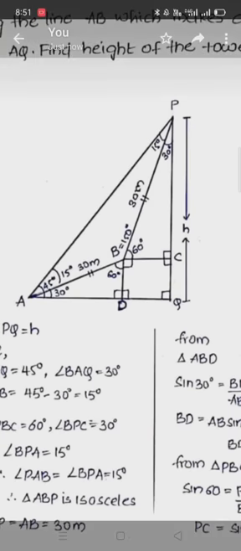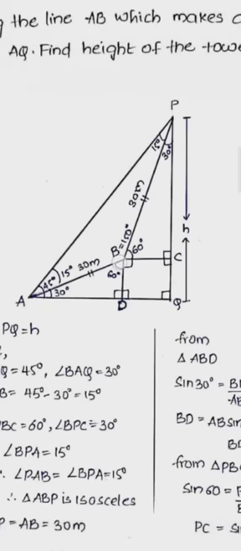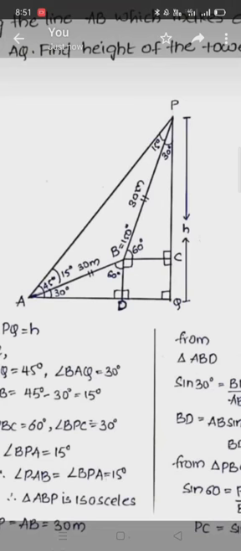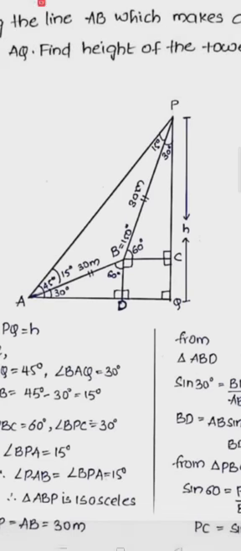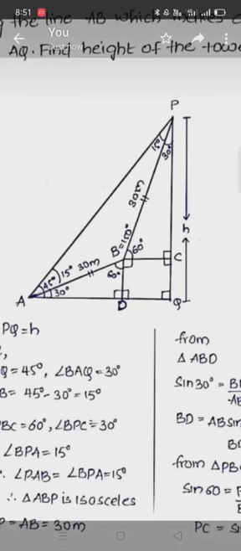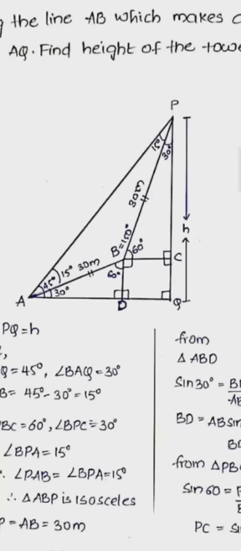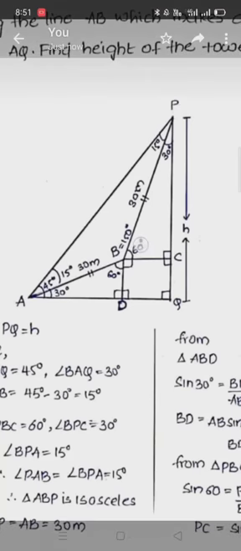This is the top of the tower P, and the angles of observation are from A and B. The angle of elevation from A to the point P is 45 degrees, and from the point B to the point P is 60 degrees.